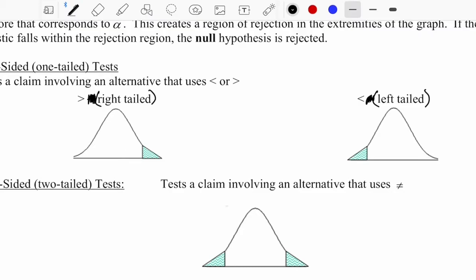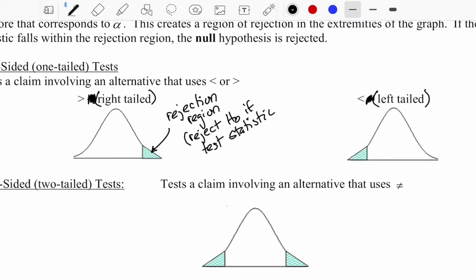What that means is that if your test statistic falls in this shaded region, this is the rejection region, then we would reject the null hypothesis. So reject H0 if your test statistic lands in this region.